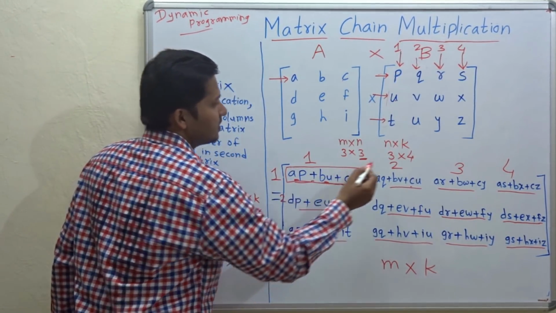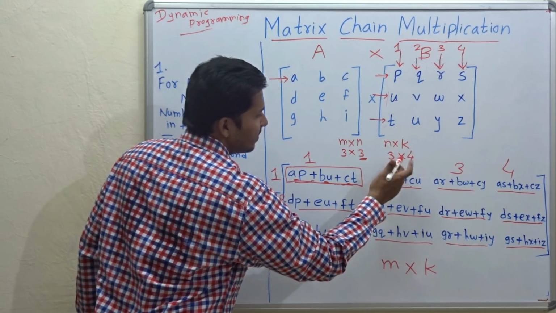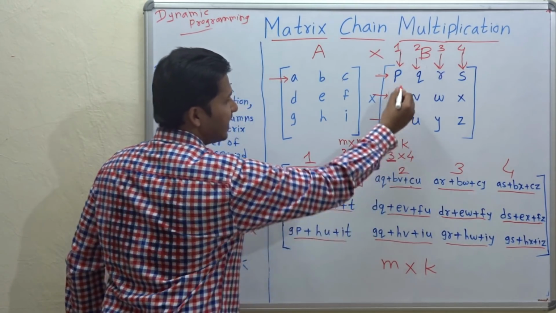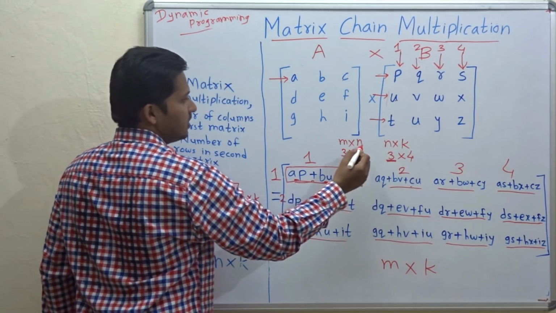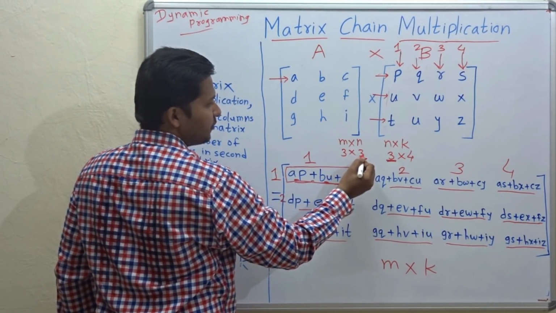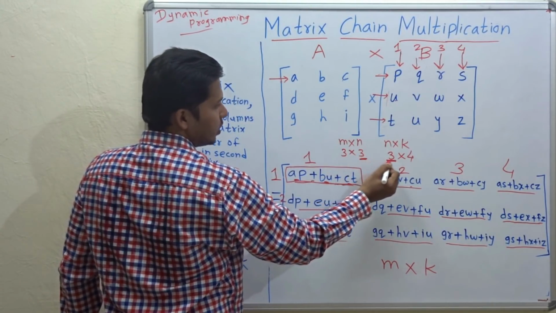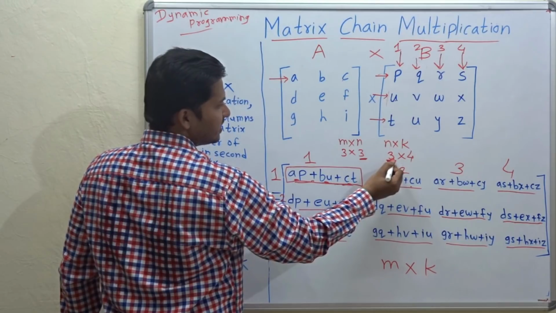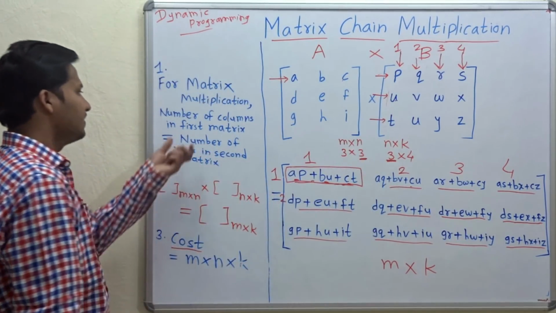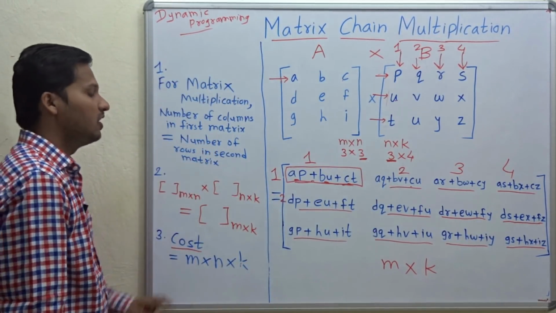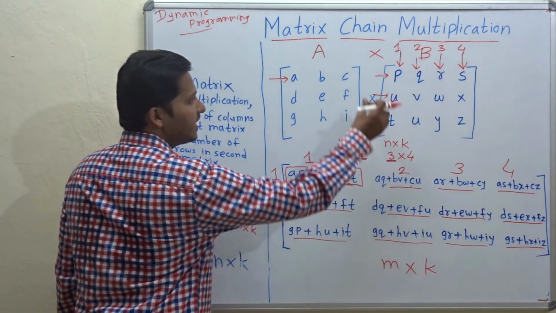Okay, now here I will write that is n for the second matrix. Now the number of columns in the first matrix is equal to the number of rows in the second matrix, right? So that is the first rule. Then only multiplication can take place.